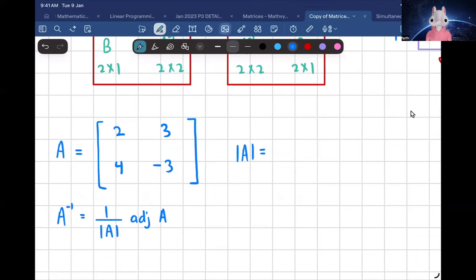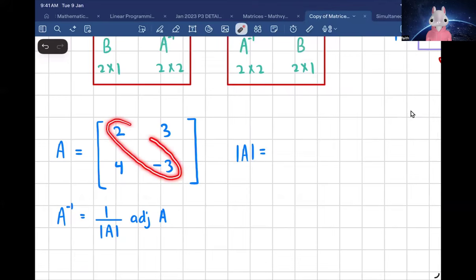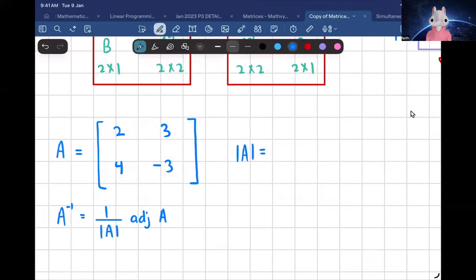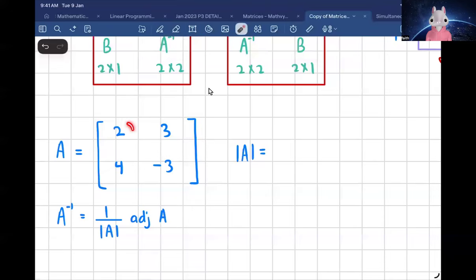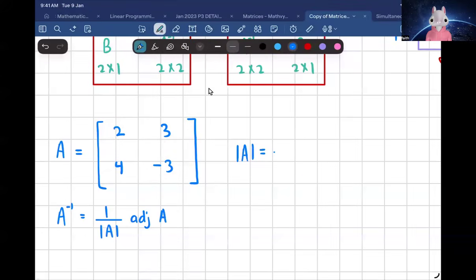To find the determinant, you multiply the first diagonal, minus the product of the second diagonal.